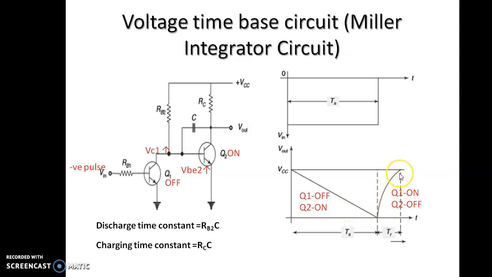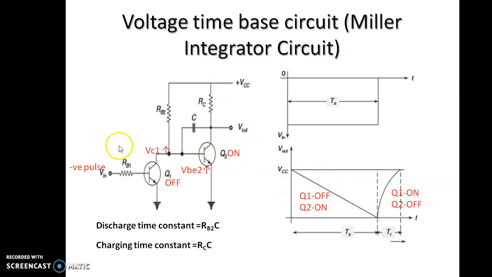Whereas this portion is because of the charging of the capacitor, and we can say Q1 is on and Q2 is off. So what is the voltage time base circuit? The circuit that is used to generate a linear variation of the voltage with time. If we see the output waveform, this step waveform has been converted to a waveform which has a linear variation of the voltage with time, this portion.